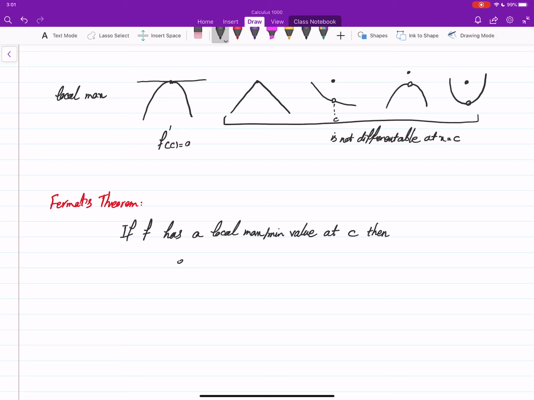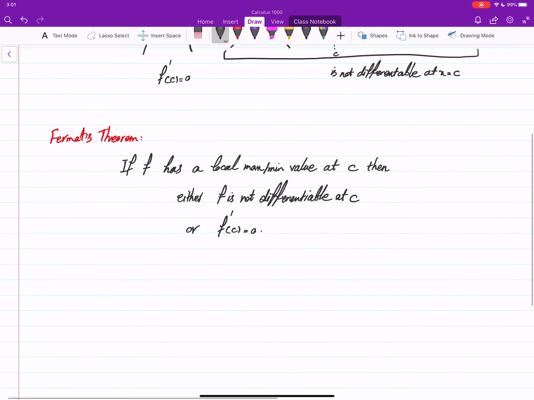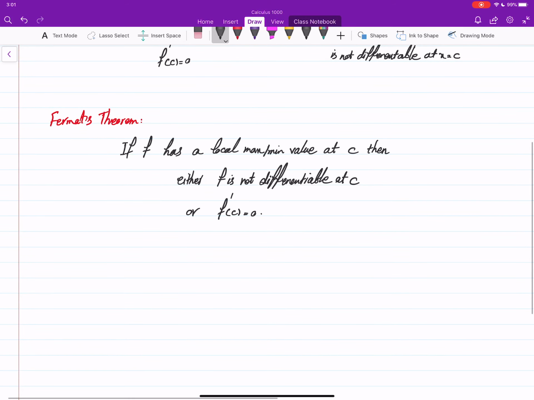Either f is not differentiable, or if it is differentiable, the derivative of the function at that point is going to be equal to 0. So these are the only possibilities we can have. Either it's not differentiable, or it is differentiable and the derivative is equal to 0.